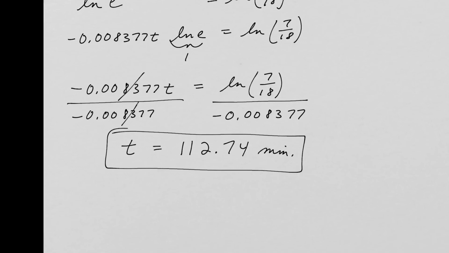So we're saying that the turkey is going to cool to 110 degrees in about 112.74 minutes. Great. So again, it was just an application of exponentials and logarithms.